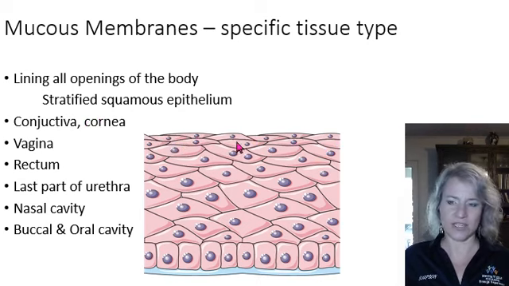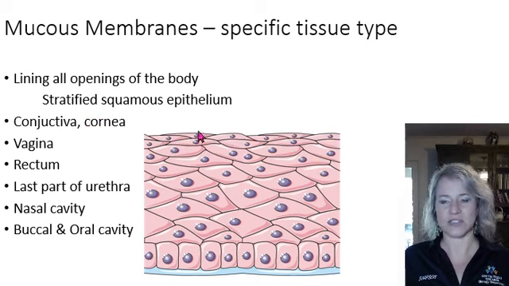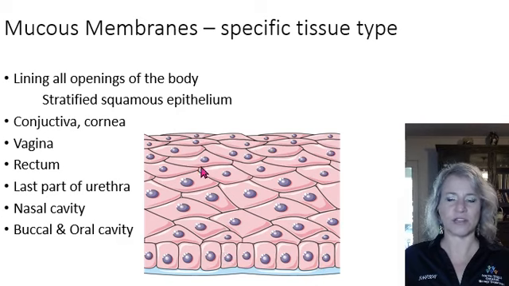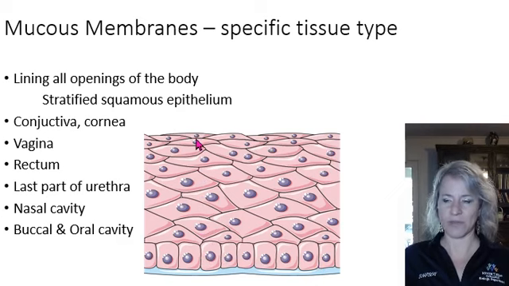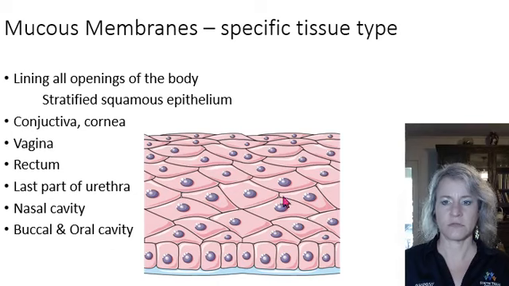It's almost like you have a callus on the top. And the new cells down here push the old cells up. So by the time it reaches the top, they're dead cells.